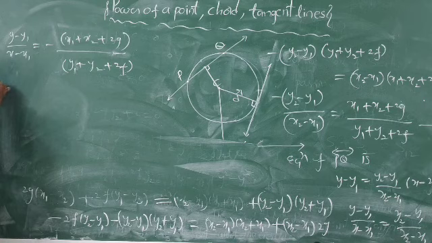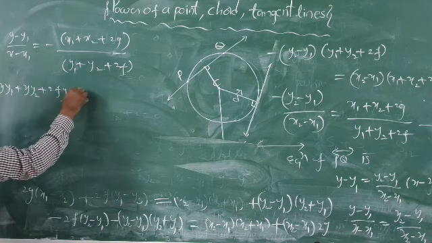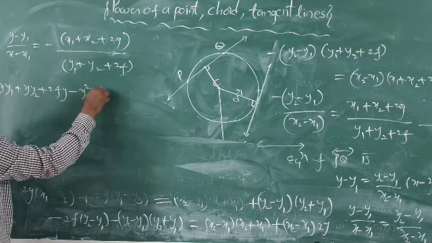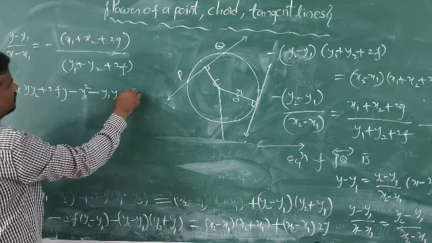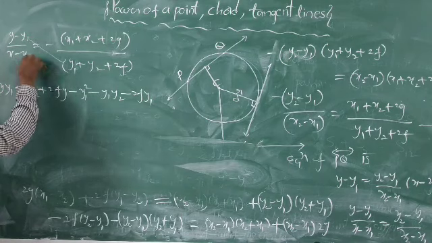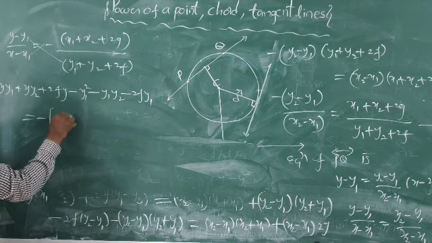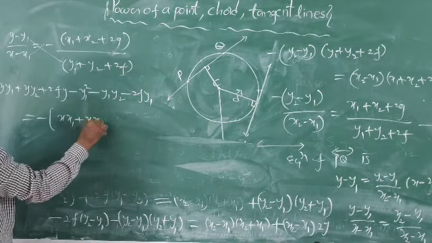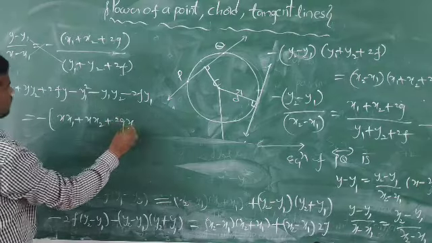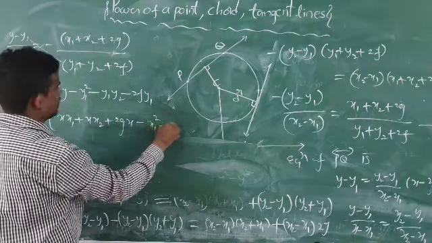Finally if you simplify it, y1 plus y2 plus 2f into y minus y1 square minus y1 y2 minus 2f y1. It is the product of these two, and the product of these two equal to minus of xx1 plus xx2 plus 2gx minus x1 square minus x1 x2 minus 2gx1.